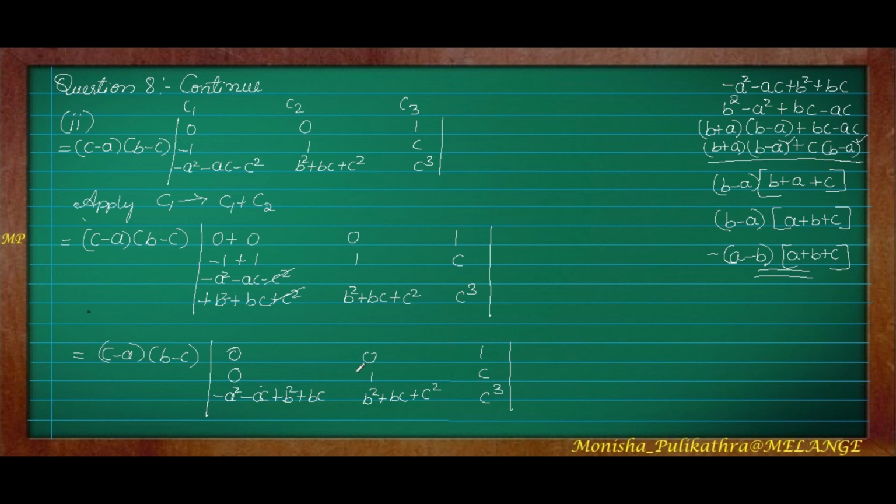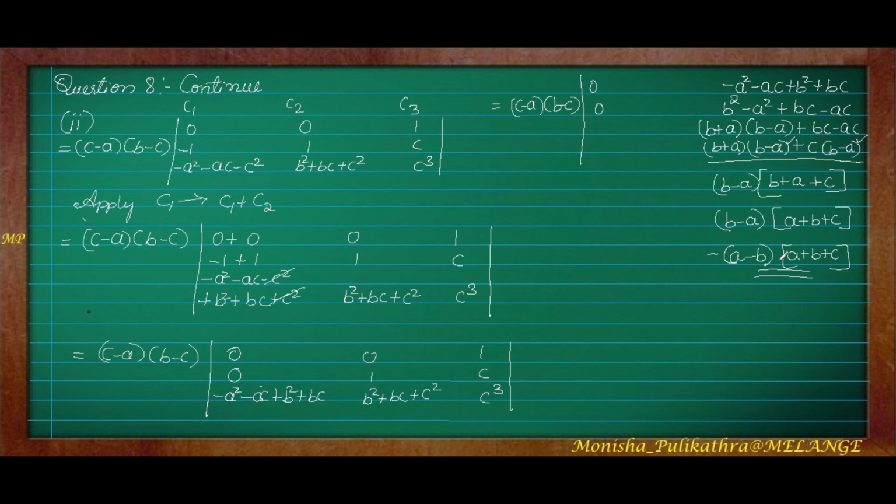So instead of this, what can you write? Either inside the determinant you can write all these things, but it will become a lengthier problem. So instead, I will be simplifying only this thing. In the next step itself we can write, instead of this, this one. The remaining is C minus A and B minus C. So 0, 0.